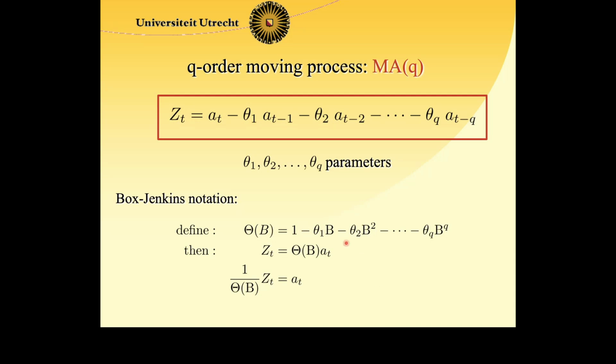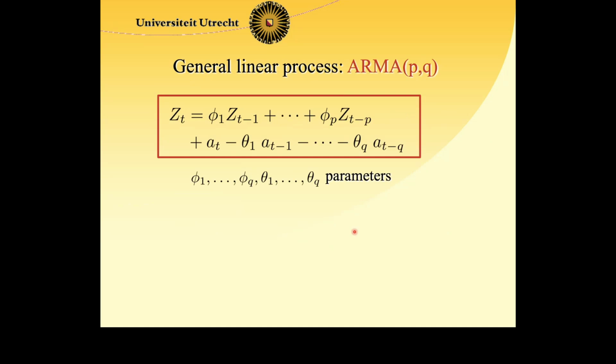Now what we can finally do as a final step is a so-called general linear discrete time Gaussian distributed wide sense stationary random process. In its most generality, it's the so-called ARMA(p,q) process.